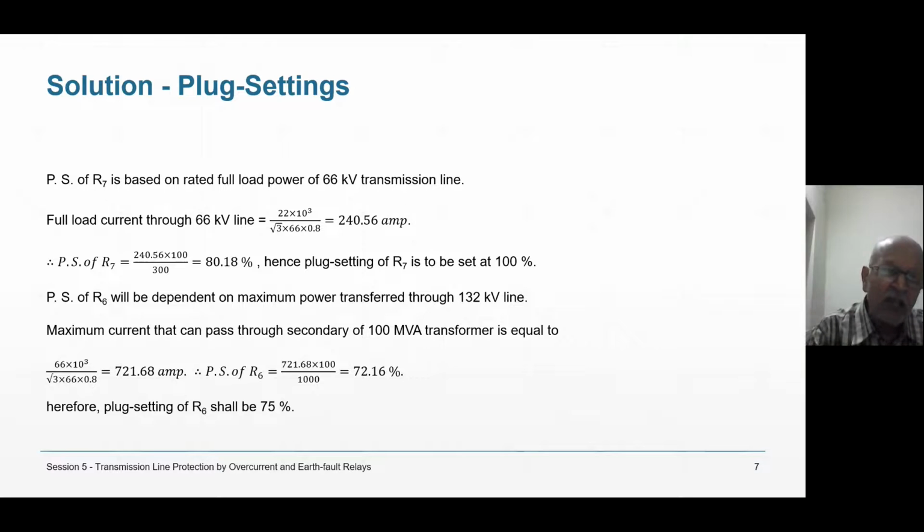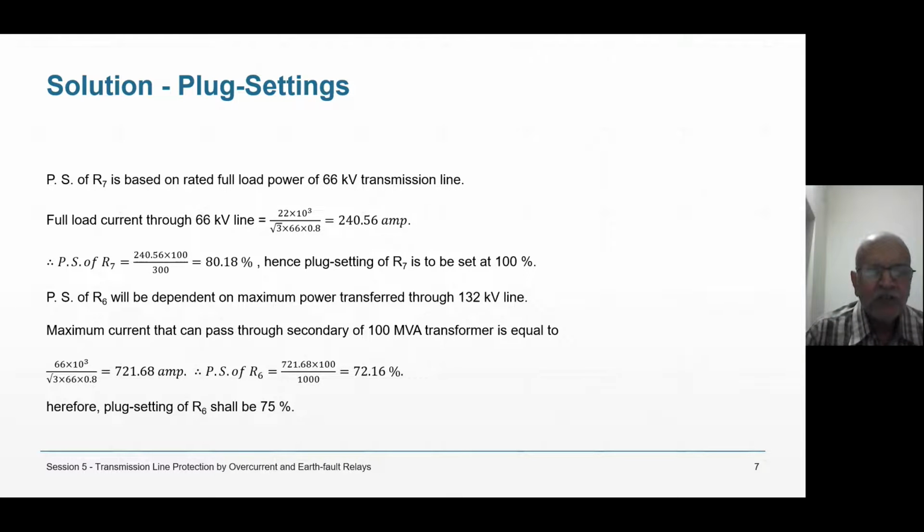Because I am going according to old relays, 50 to 200% in steps of 25%. In between, I have given a slide in which I considered 80%, 81%, 82% also. That is possible in numerical relays. But here, I have to go for 100% only.